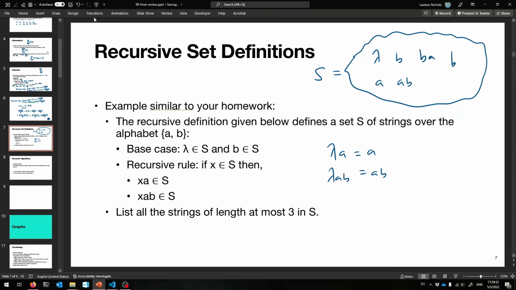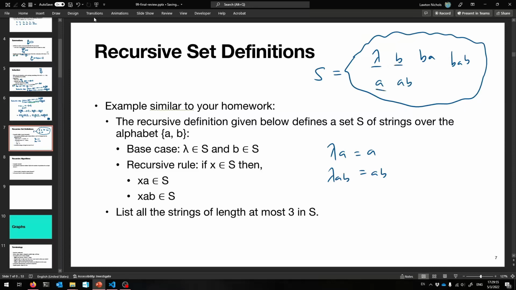BAB. Yeah? What else? Notice that these recursive rules always add at least 1 character. So it's not useful for me to run the recursive rule with BAB, because I only want the strings of length at most 3. I did it with B and lambda already.